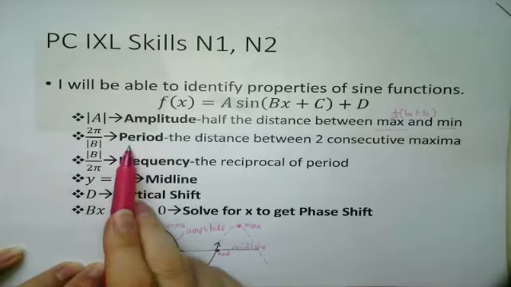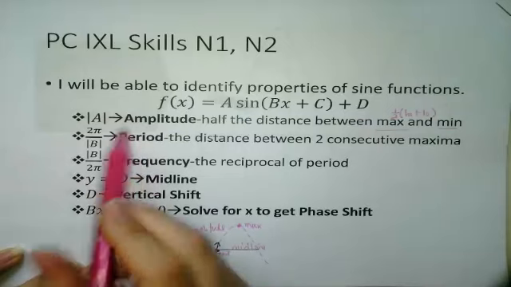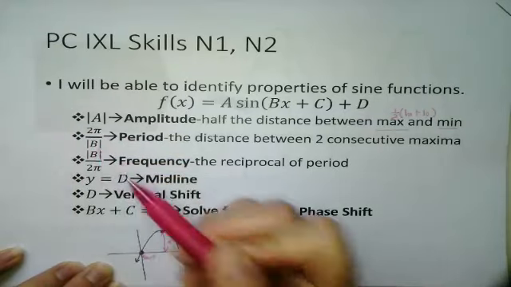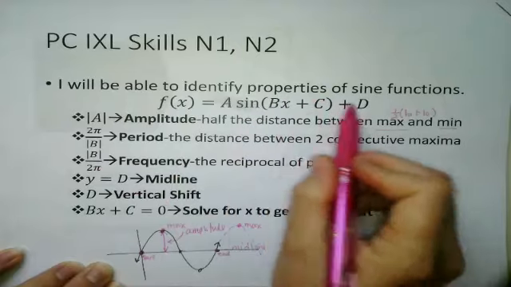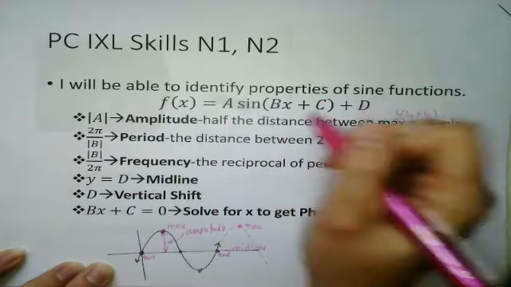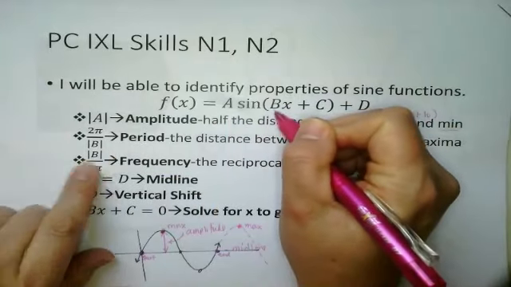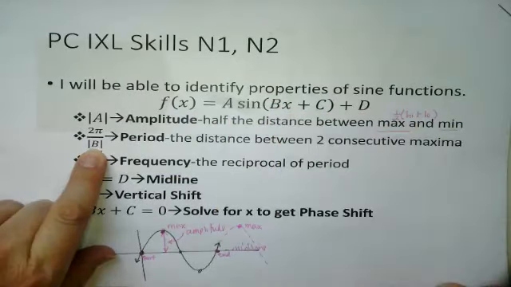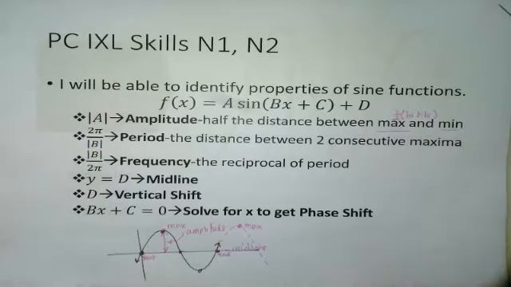So that is the period. We can also use the formula 2 pi over b if they give us a model. So if they give us this model for an equation of a sine curve, then you can figure out the period just by doing 2 pi over the absolute value of b. So 2 pi over b also gives you the period.